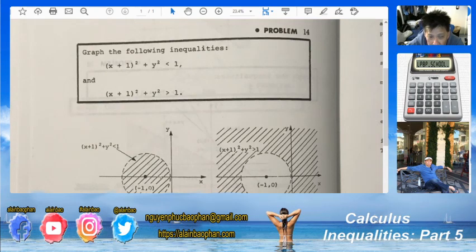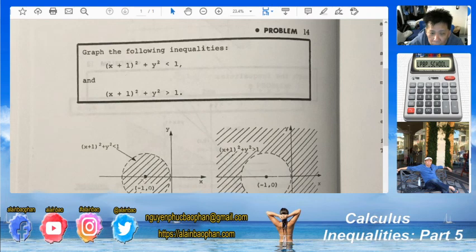From 0 to the left 1 unit is minus 1, right? Y still equal 0, so the center has a new coordinate with x equal minus 1, y equal 0, and the radius is still 1. So then you just draw a circle right here.